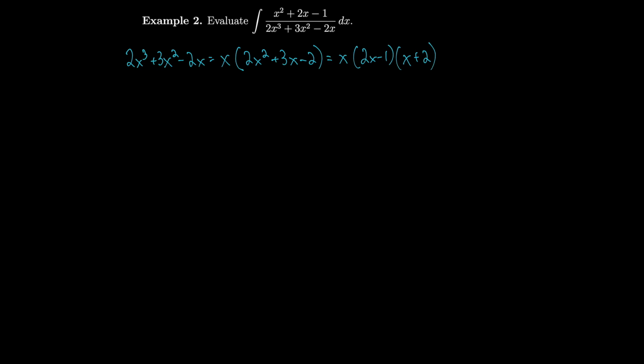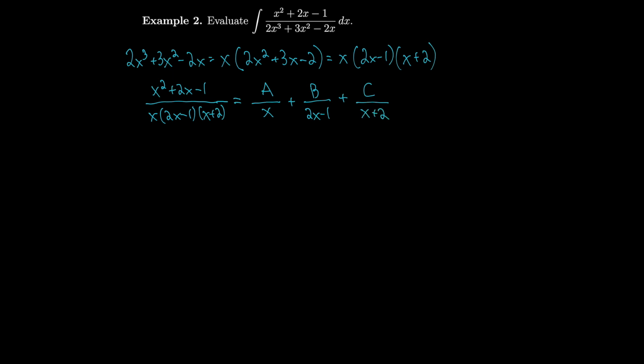So this means that x squared plus 2x minus 1 over x times 2x minus 1 times x plus 2 is what our original integrand is, and we're going to rewrite that as some number over x, plus another number over 2x minus 1, plus another number over x plus 2.